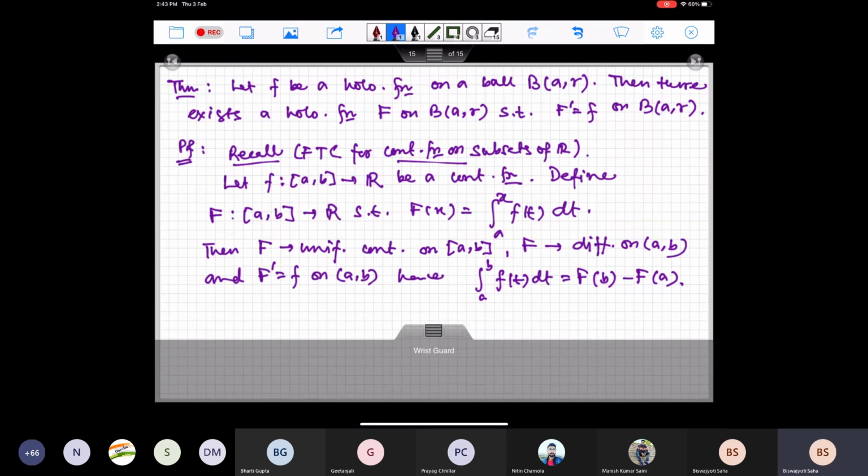Okay, I'm going to fix one point. So here, of course, I have this ball B(a, R), so I can fix the center, for instance. And then I am going to define a function by taking integrals, by taking a path from a to that particular point and integrating along that path. Now the point is, of course, there could be several choices of path joining two points.